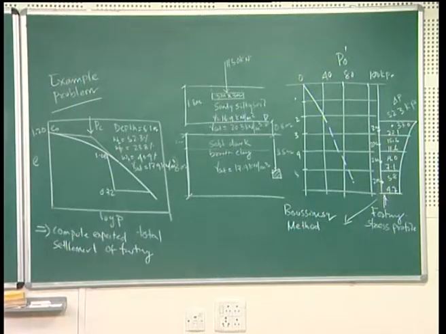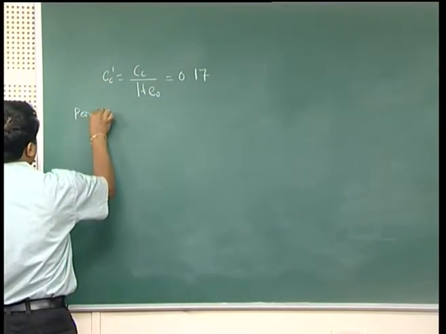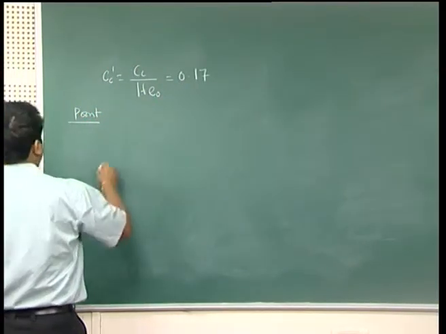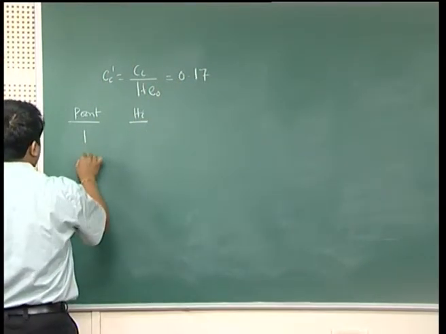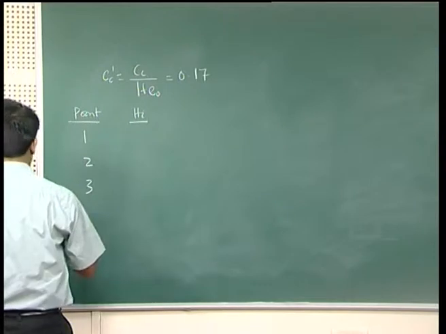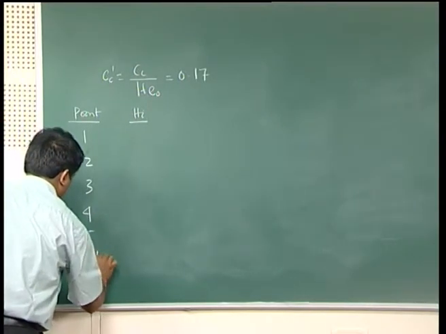Now you can calculate the settlement. Here it is in tabular form: this is your point and this is your H I. So the points are 1, 2, 3, 4, 5, then bottom.